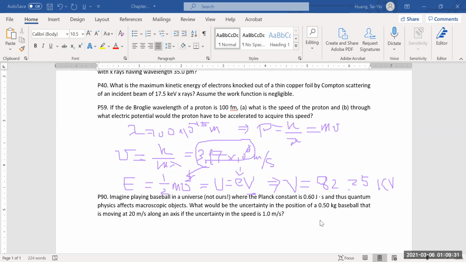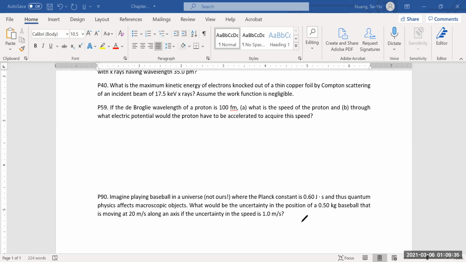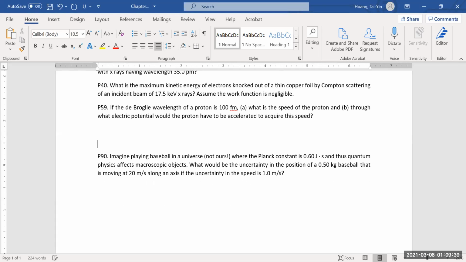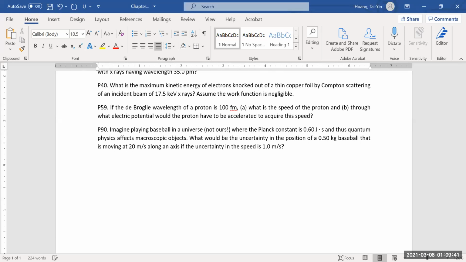The next one I want to show you is Heisenberg's uncertainty principle. We know that the Planck constant in our world is very small, 6.63 times 10 to the negative 34. So even though we can behave like a wave, we really don't experience that.